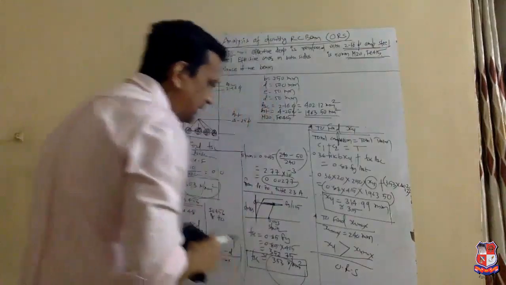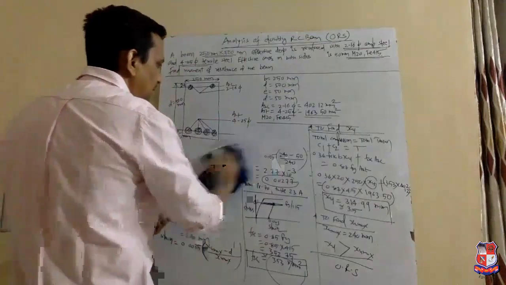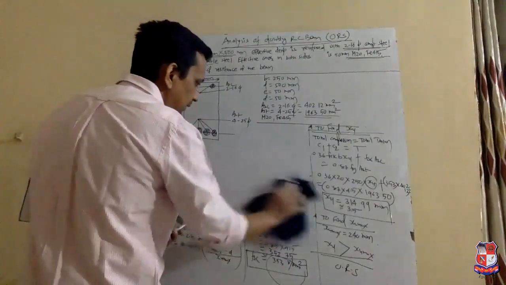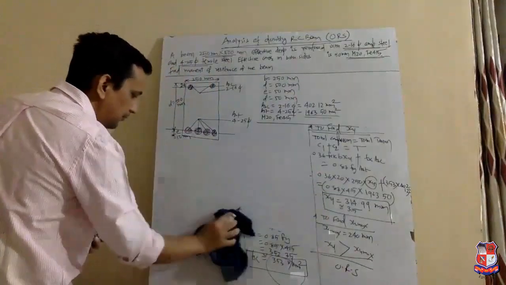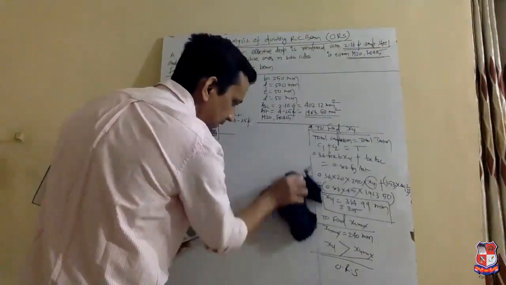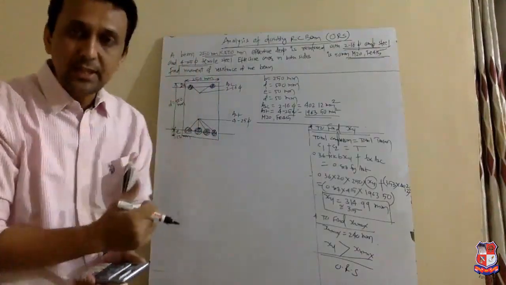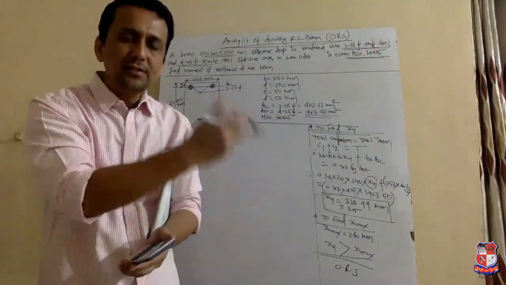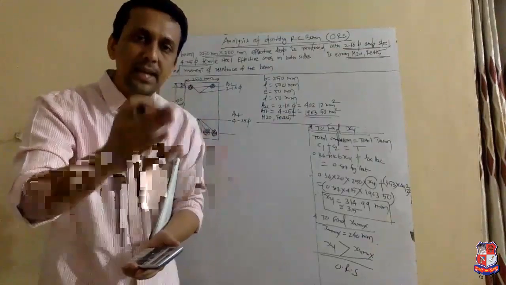So what will be the change when we have a URS section and when we have an ORS section? The basic difference is in the equation of moment of resistance, we have to use the value of xu max instead of xu. So this is the basic difference between URS and ORS sections in the case of analysis of a doubly reinforced beam.